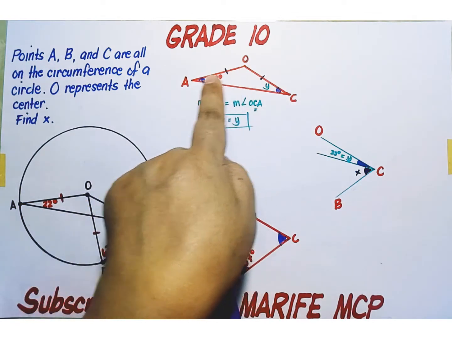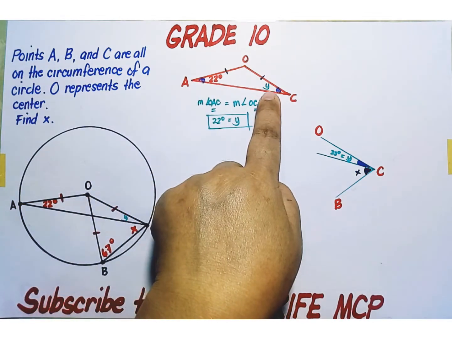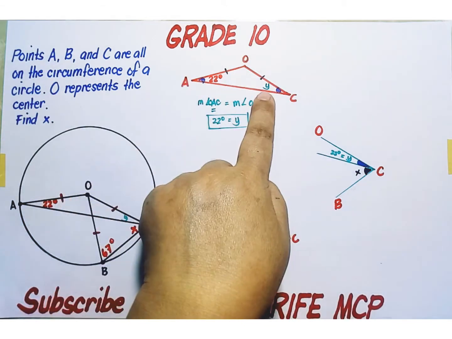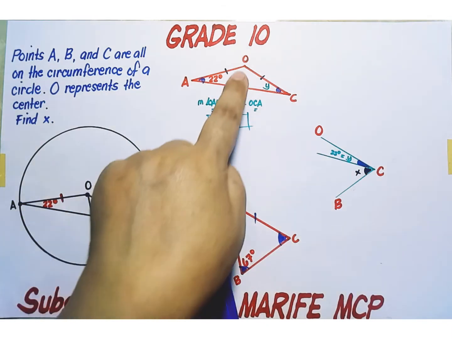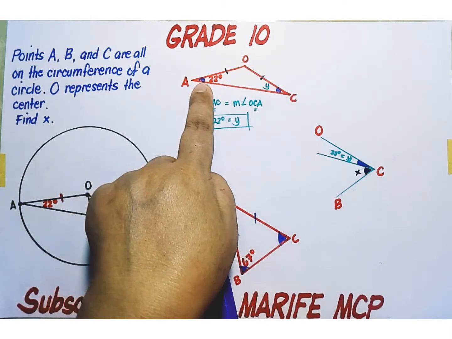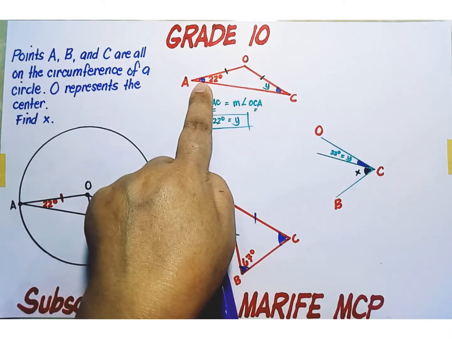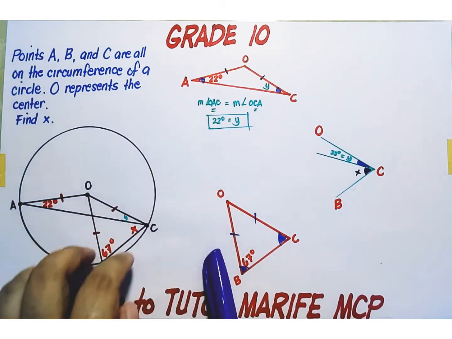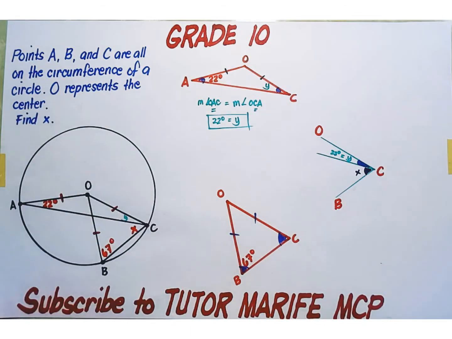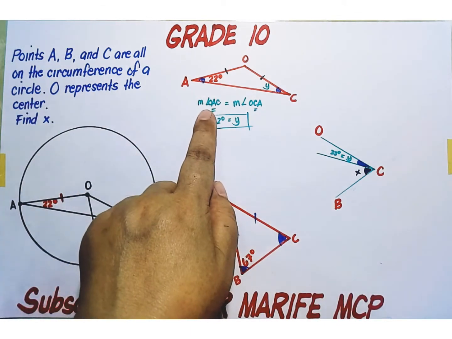The angle opposite side OA is Y, or angle OCA. I called it Y. The angle opposite side OC is angle OAC, or angle A. The value is given, it's equal to 22 degrees. By application of that property, base angles are equal, we can write our equation.